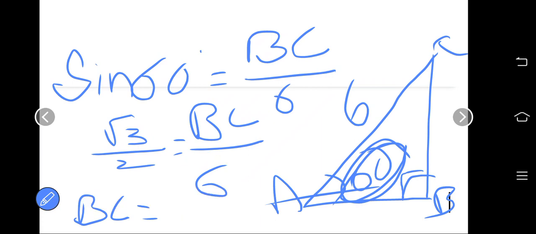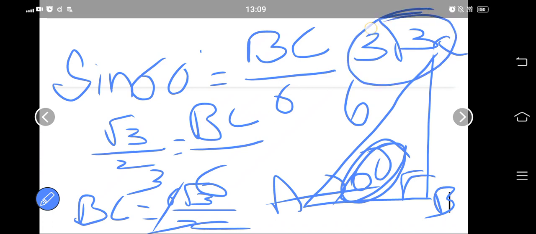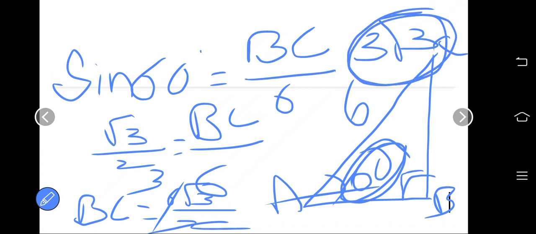So 6 root 3 by 2: 6 divided by 2 is 3, so 3 root 3. So 3 root 3 meters will be the height of the wall from the ground at which the ladder is touching.